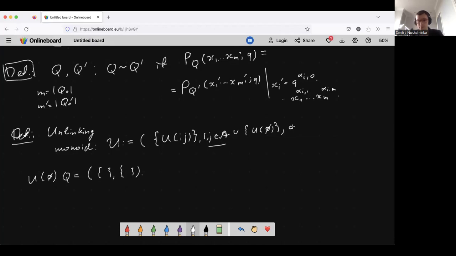And we can consider all possible compositions of such operators. So what are the elements of U? The elements of U are sequences of unlinkings.